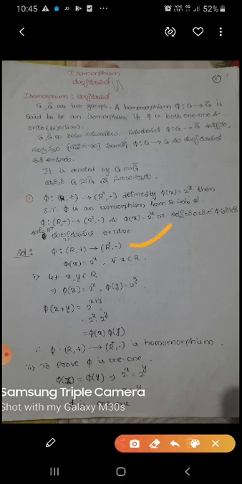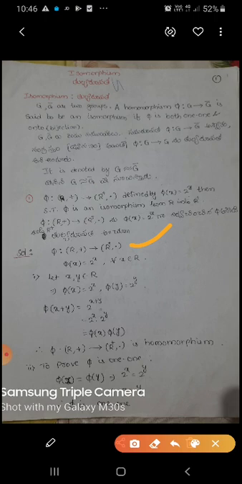Phi from R, plus to R plus, dot and phi of x equal to 2 power x for all x belongs to R. First one, we will prove here three conditions: one-one, onto and homomorphism. These three we will find.